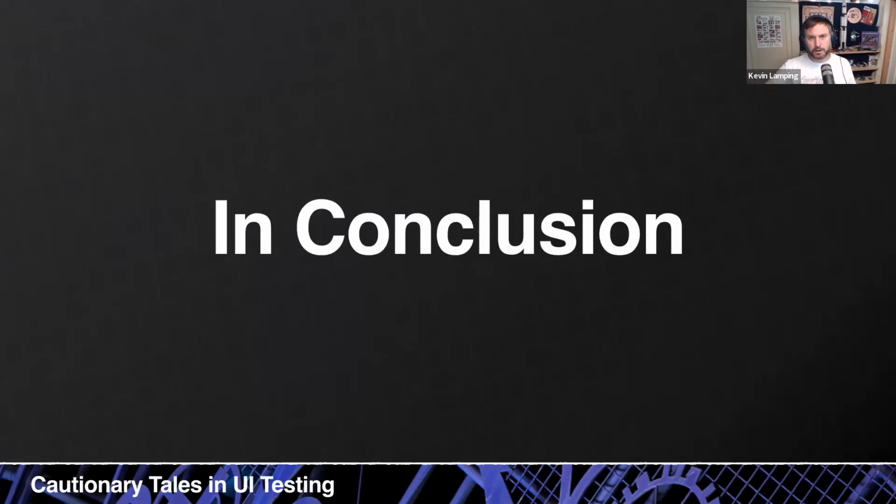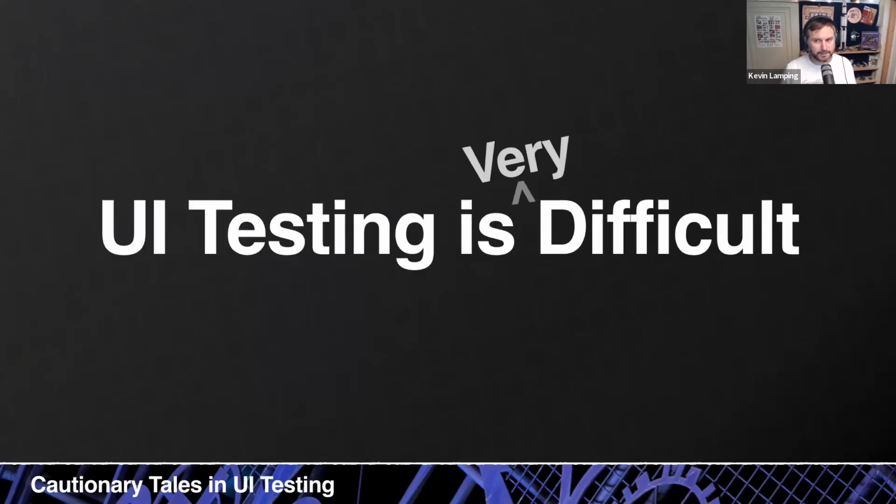To conclude all of this, right around time, UI testing is very difficult. And I think that's just teams, they see demos and they hear all these great stories, and then they start trying to implement it themselves. And it's 6 months down the line, and they're still struggling to have tests that are valuable.